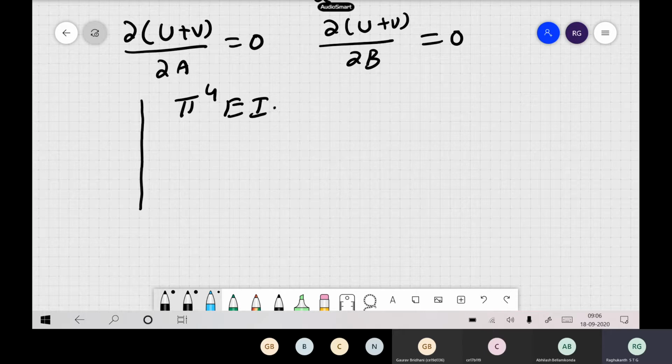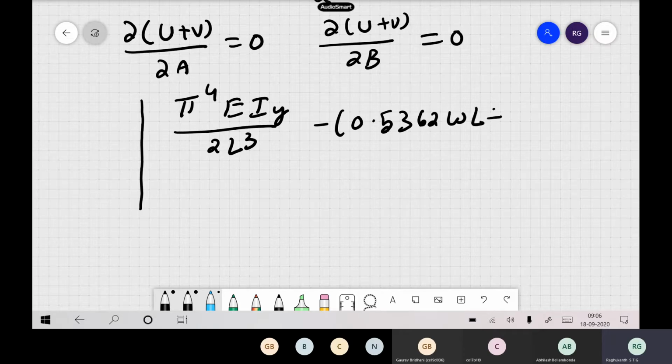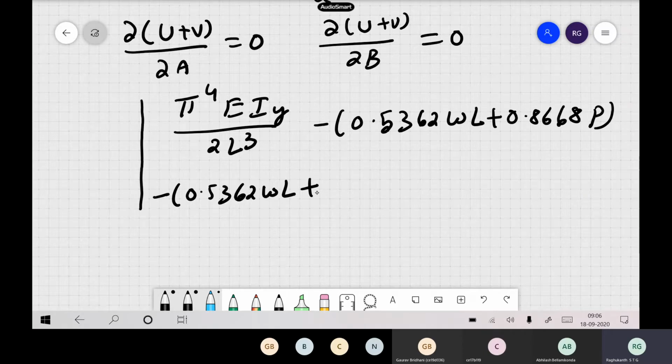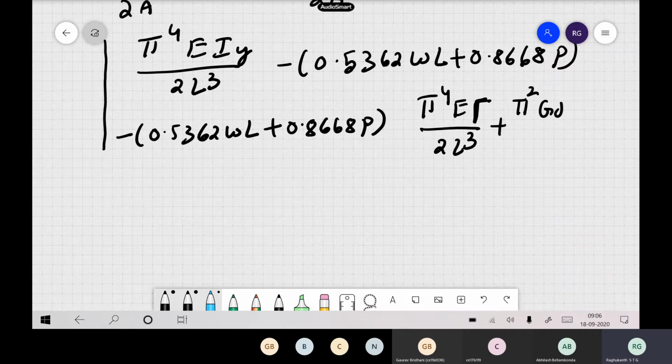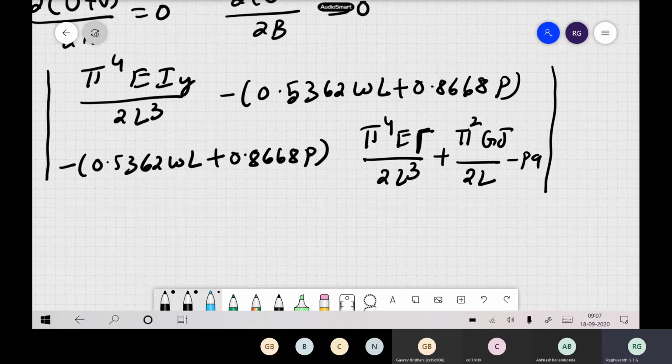So E Iy by 2L cubed is the first term, and then you have negative 0.5362 times w times L plus 0.8668 times P. Then this term is the same because of symmetry: 0.5362 times wL plus 0.8668 times P. And here you have pi to the power of 4 E times the warping constant by 2L cubed plus pi squared GJ by 2 times EL minus P times a. Of course, this is multiplied by a and b, and will be 0.